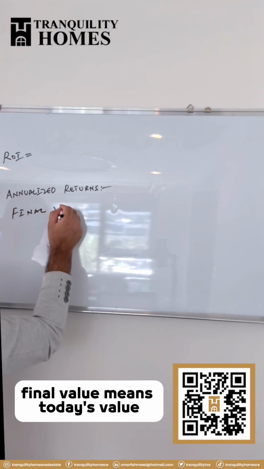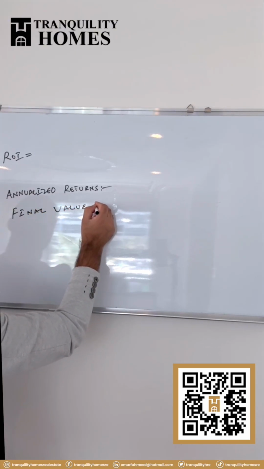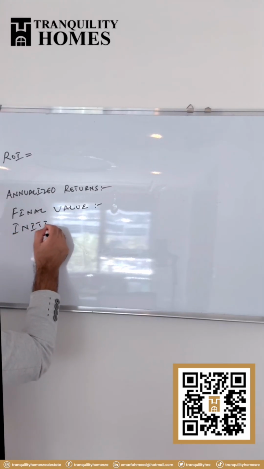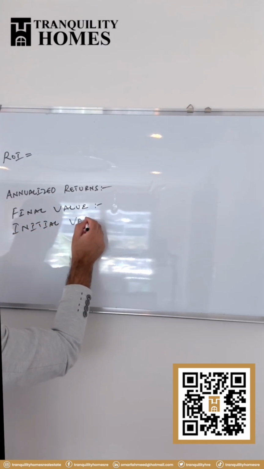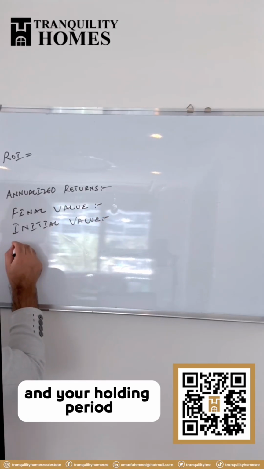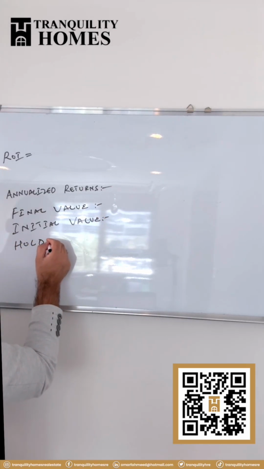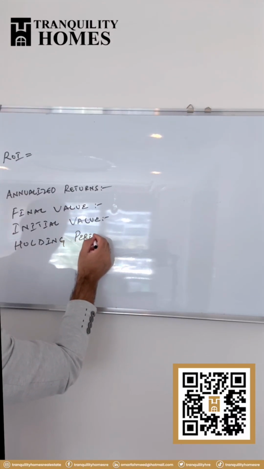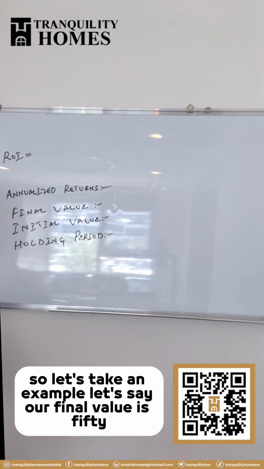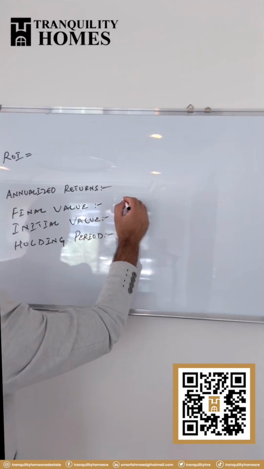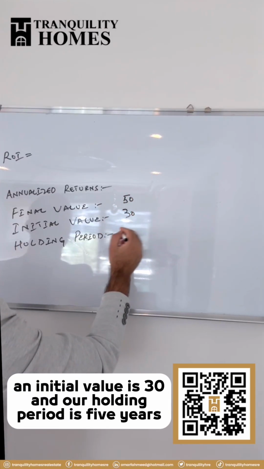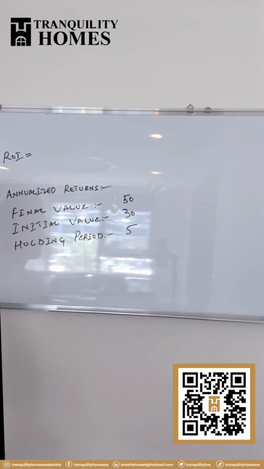Final value means today's value. Then what is the initial value? And your holding period. So let's take an example. Let's say our final value is 50 and initial value is 30 and our holding period is 5 years.